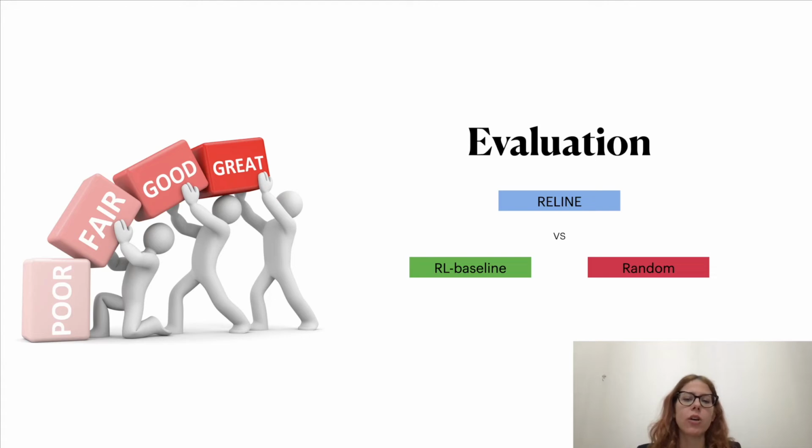The choice of comparing ReLine with a random agent is based on the fact that sometimes software systems can be tested by performing random actions. So we let these three agents play 1000 games while we collected the information about the low FPS points.